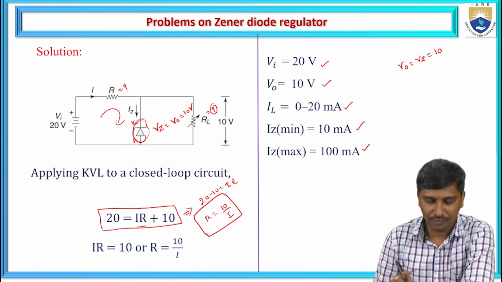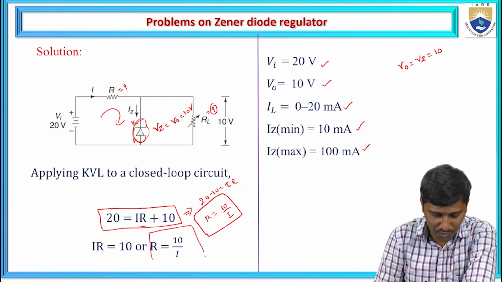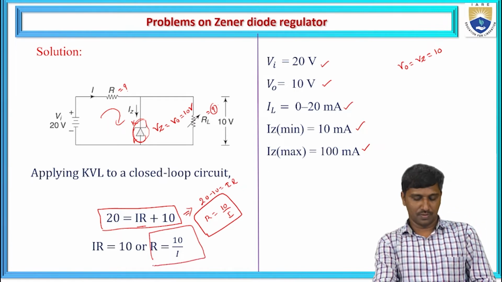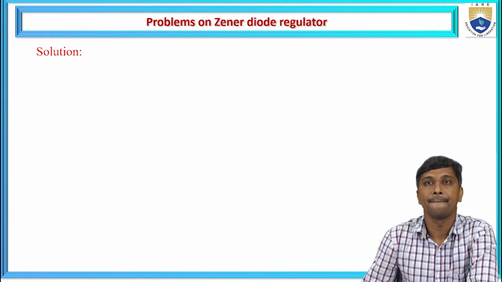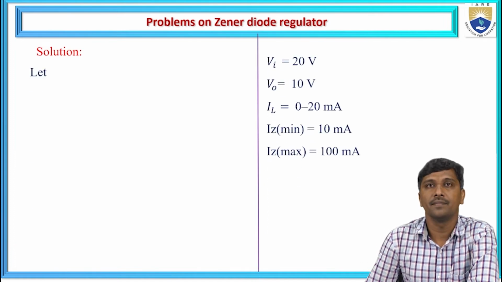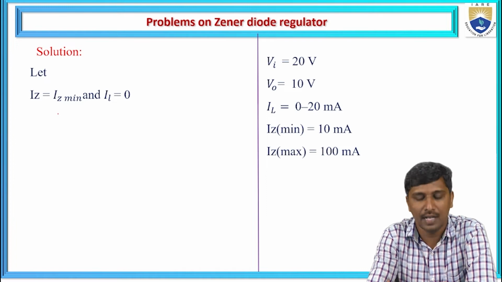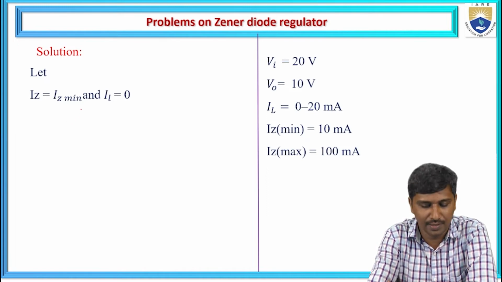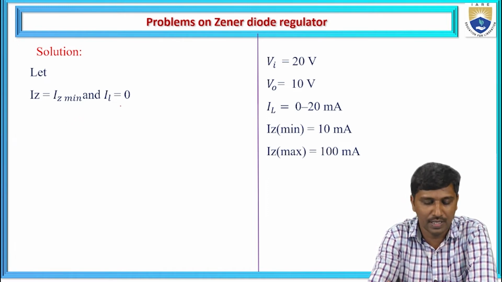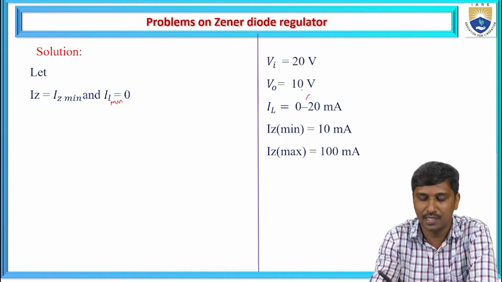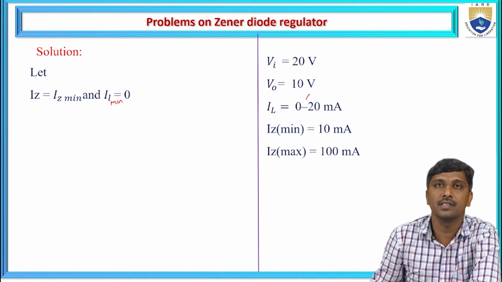From this we observe that R is equal to 10 by I. Then again, let IZ be equal to IZ minimum, and the load current minimum value, IL minimum, is 0 from the given specifications.